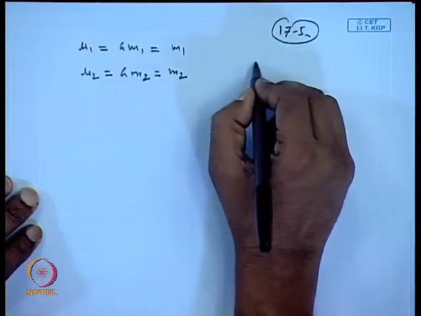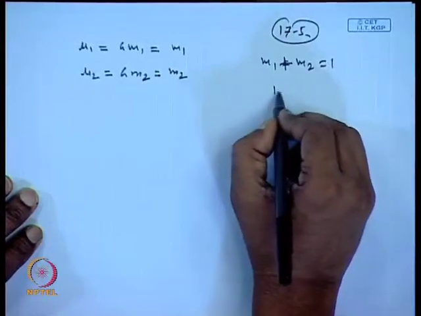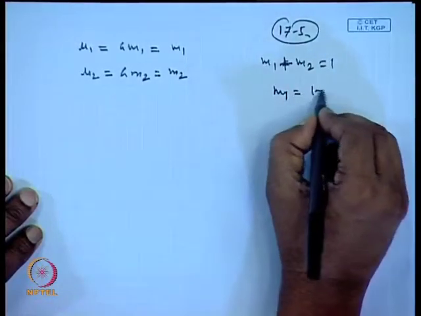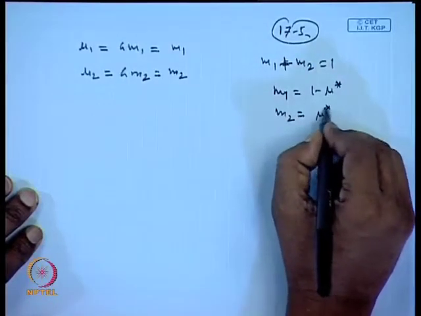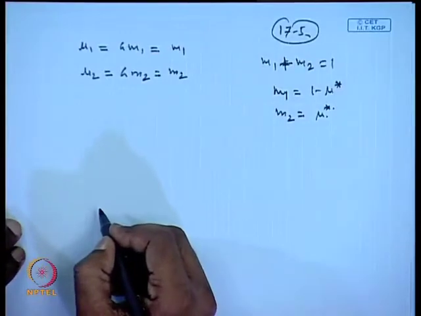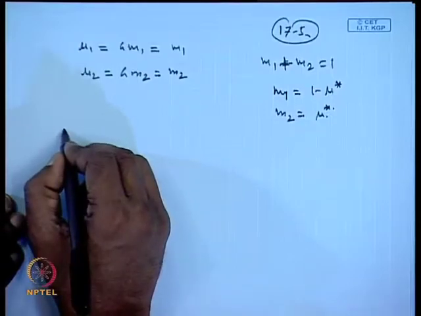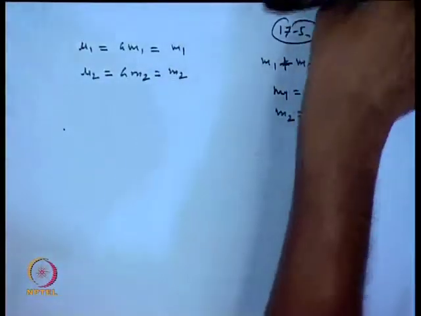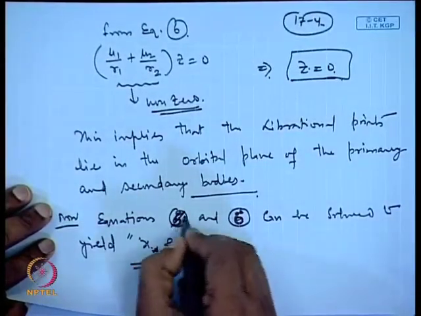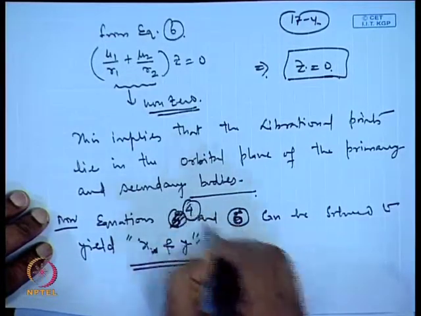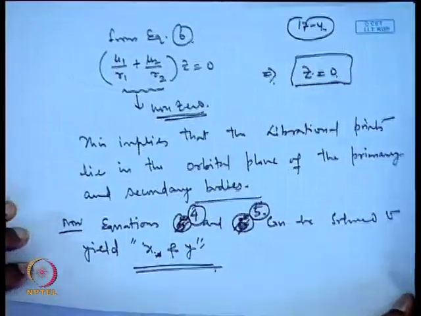Moreover, m 1 plus m 2 is equal to 1, and we defined m 1 as 1 minus mu star and m 2 as mu star. So, sorry, these are equation numbers 4 and 5, not 5 and 6, which are related to the x and y coordinates.